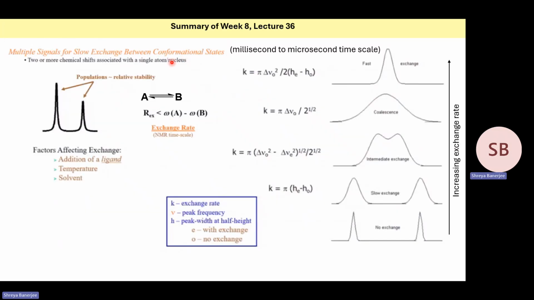So first we will look at the exchange between conformational states.